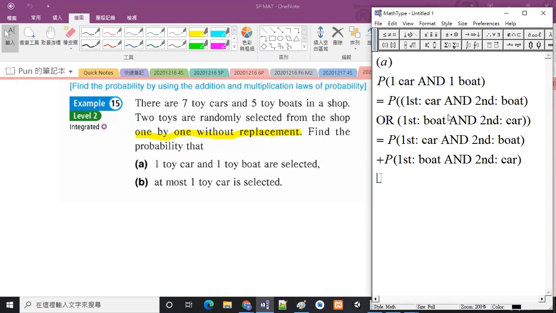Okay, and then within the case, if they are connected by and, then we need to multiply their probabilities together. First is a car, and then times P, second is a boat. And then the second case plus the first is a boat, and times P, the second is a car.